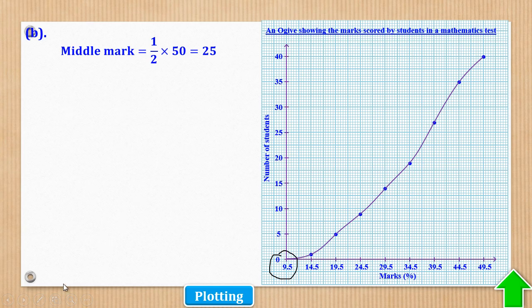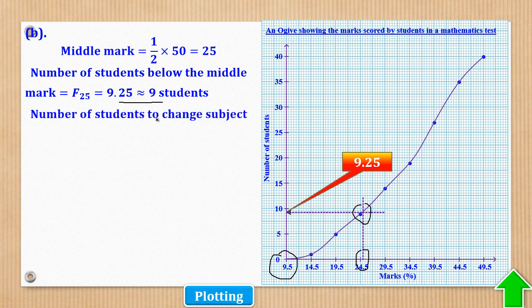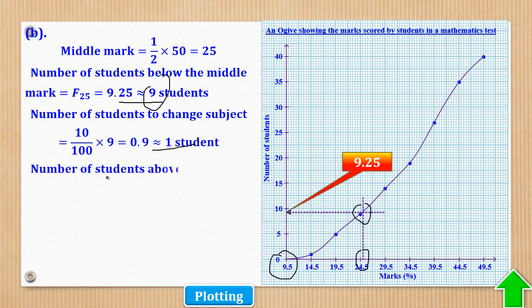Then the middle mark is 25, so I'll come on the horizontal axis and look for 25, take a vertical line to meet the curve, and take a horizontal line to meet the vertical axis, and read off that value. So that means that the number of students below the middle mark are 9. When they're 9, they told us the number of students to change subject are 10% of this 9, which will be 1 student.